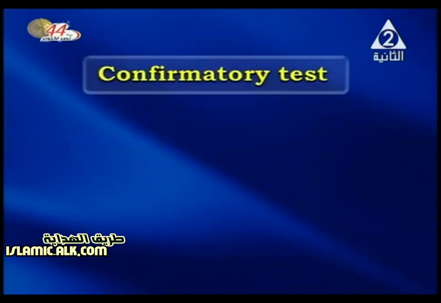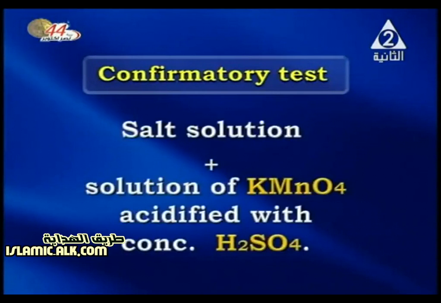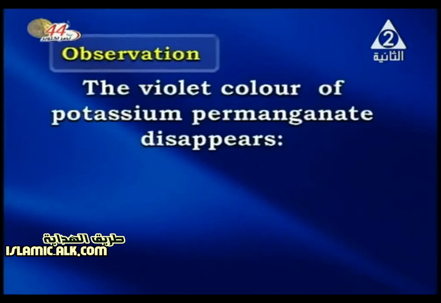Now we are going to discuss the confirmatory test. The salt solution plus potassium permanganate solution acidified with sulfuric acid. The observation here: the violet color of potassium permanganate disappears.